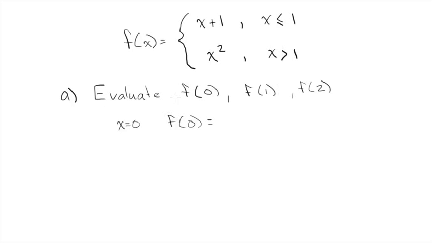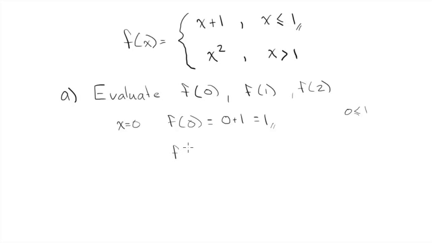We have to decide which piece of the function we're going to use. x equals 0 falls under this piece, because 0 is less than or equal to 1, so we're on this branch. We're going to be using the equation x plus 1. So 0 plus 1 equals 1. So f at 0 is equal to 1.